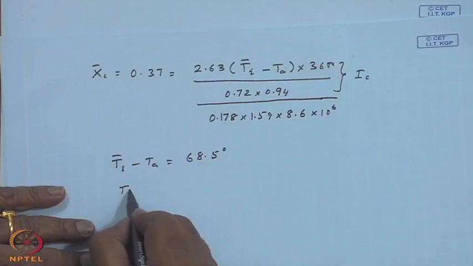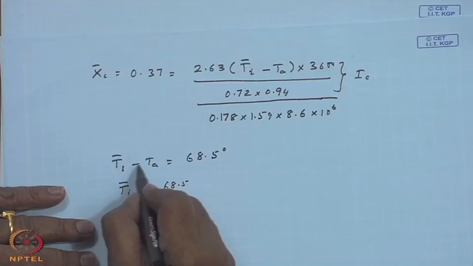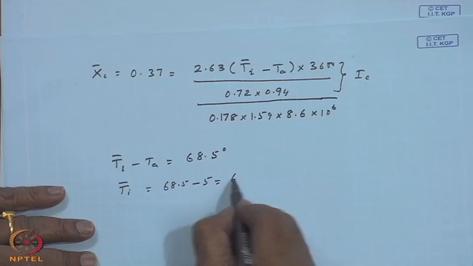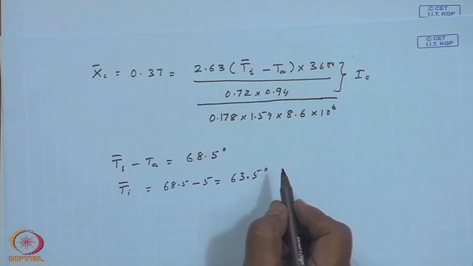So, T I bar is 68.5. Remember, T A is minus 5, so it becomes plus 5 over here, minus 5 is 63.5 degrees.